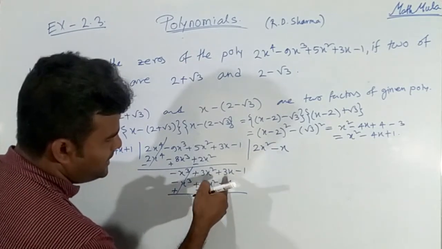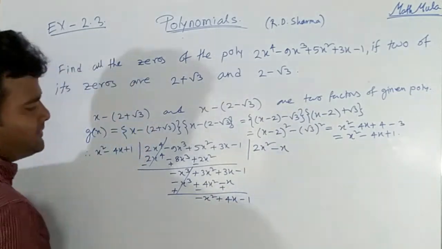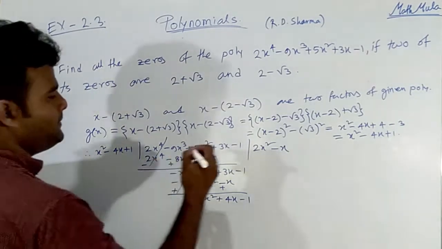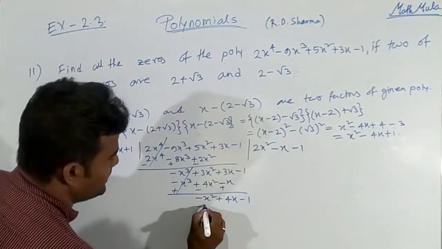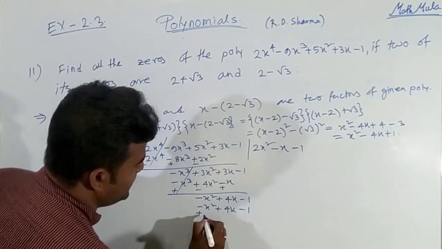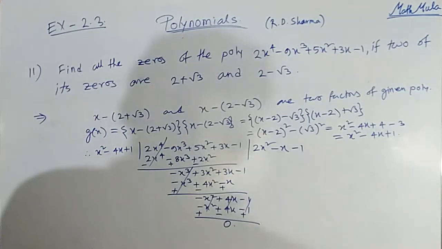Now plus 3x plus x will be 4x, and this is minus 1. Now again the leading coefficient is negative, so we multiply by minus 1. It will be minus x^2 plus 4x minus 1. Now subtracting, all terms cancel and it will be 0. Hence the remainder is 0.